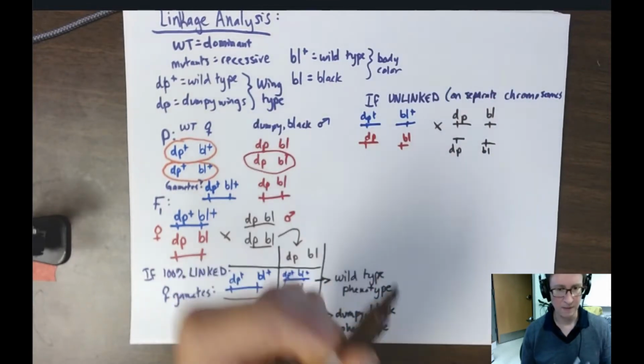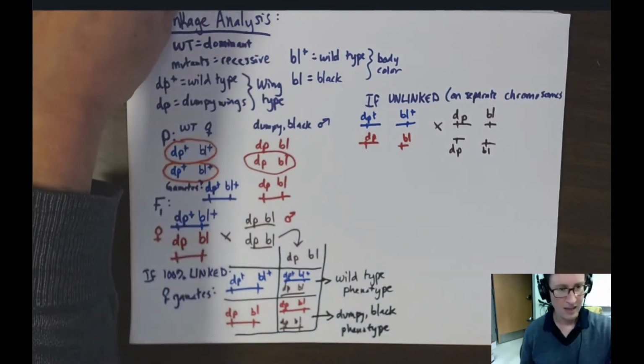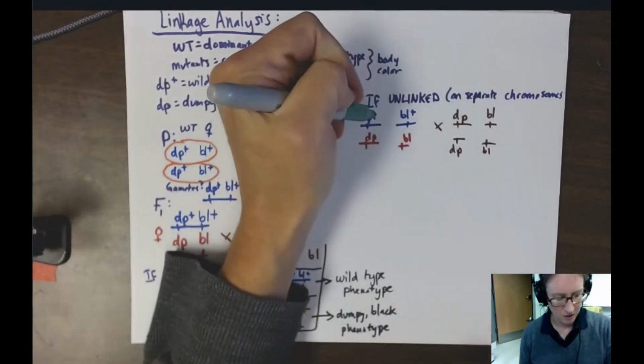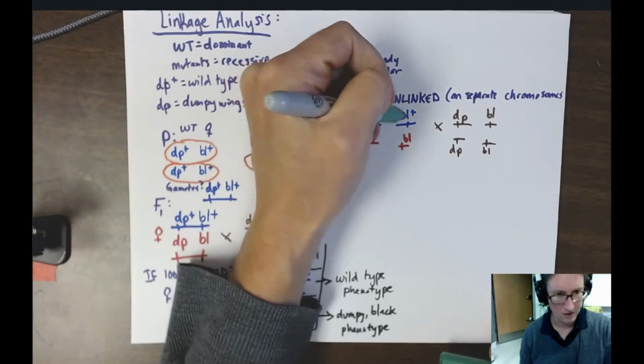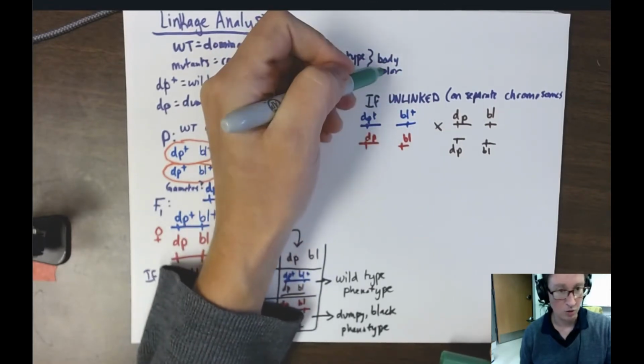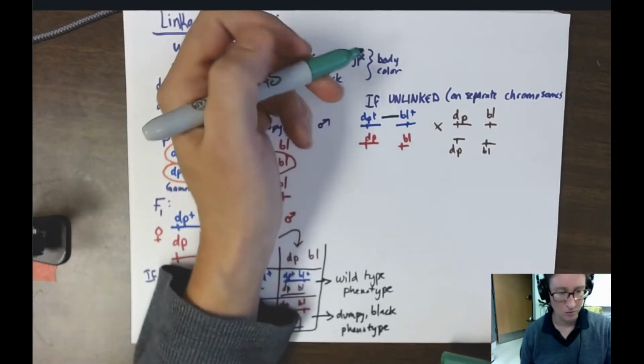Those are unlinked. So again, next thing we need to do is think about what types of gametes could be produced. And now if these are unlinked, we've got independent assortment to think about, right? So it could be that these top two alleles wind up in a gamete together. It could be that this allele, right, those two could wind up together.